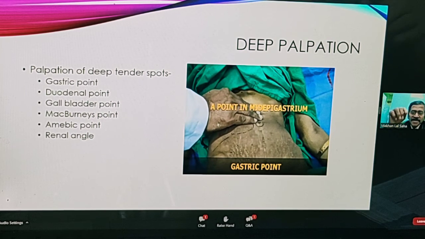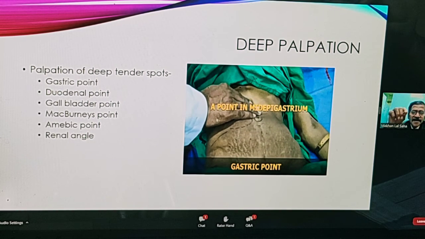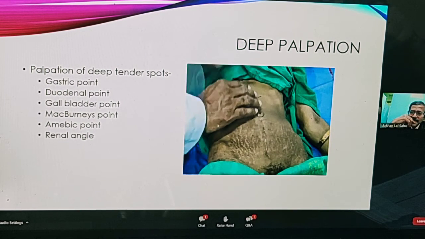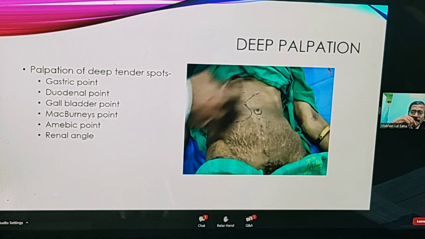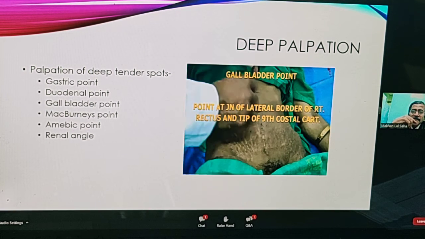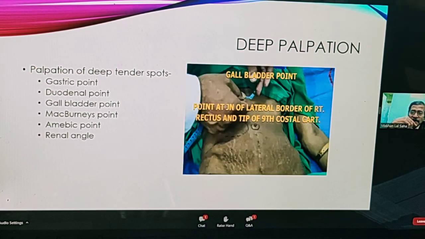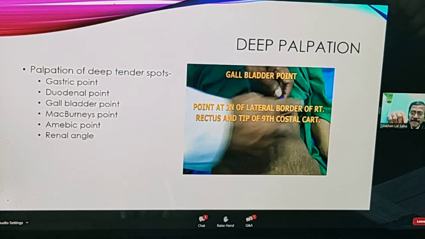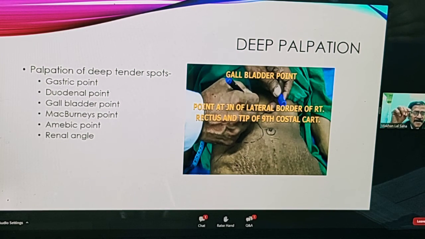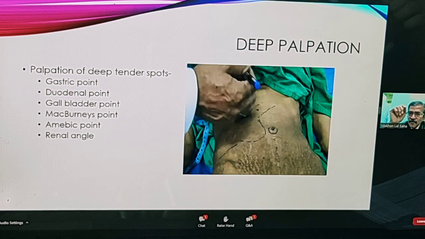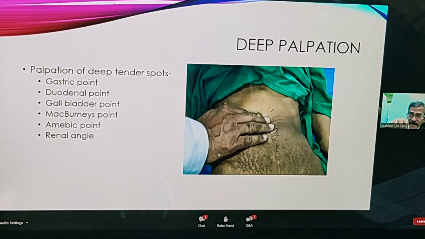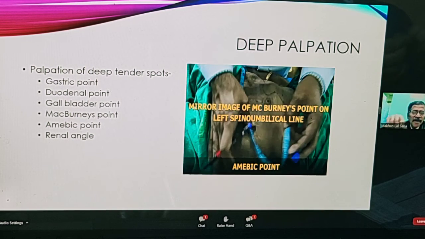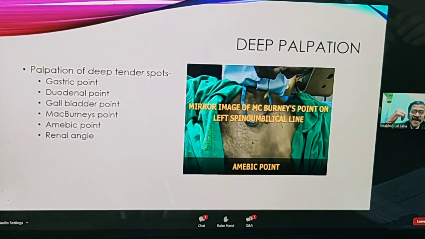You find the epigastric area. The central point in the epigastrium is the gastric point. Then the gallbladder point. The gallbladder point is the area at the junction of the rectus abdominis and the tip of the ninth costal cartilage, that is the transpyloric plane cutting the costal margin. But once the gallbladder is palpable, you need not find the tender gallbladder point, because in that case the gallbladder is already enlarged.